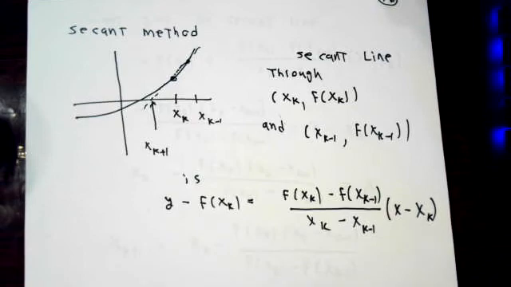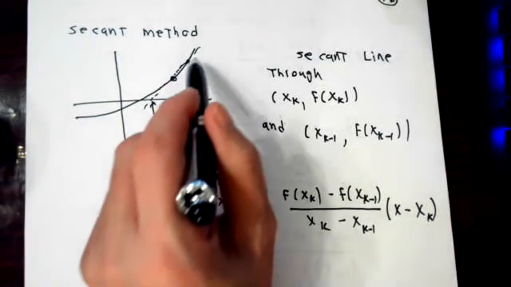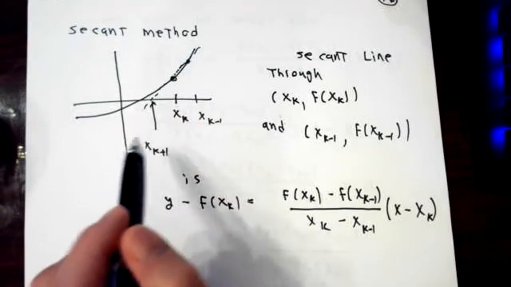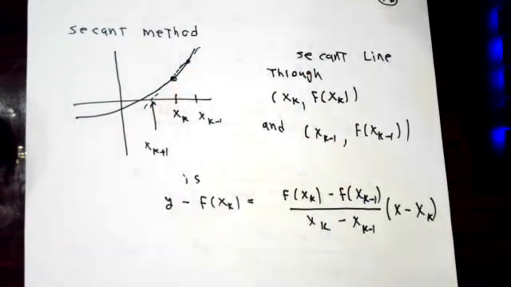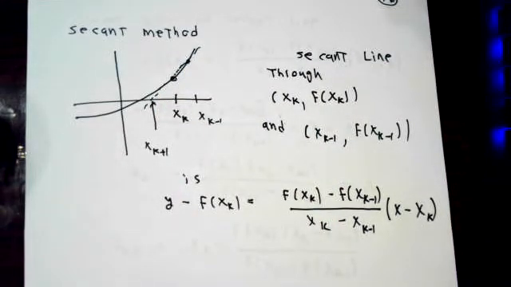Instead of a tangent line, we're going to look at the two points on the graph and form what's called a secant line. This doesn't match the slope at the previous point, but still it shouldn't look terribly different from the function as long as the function is reasonably nice itself.